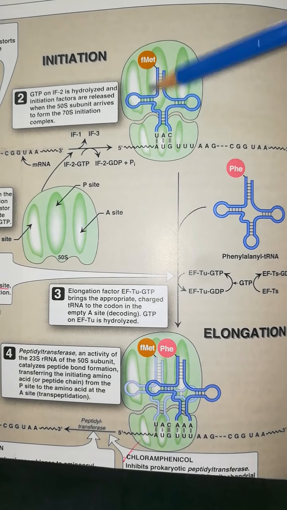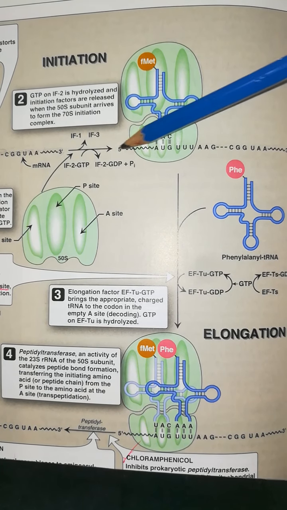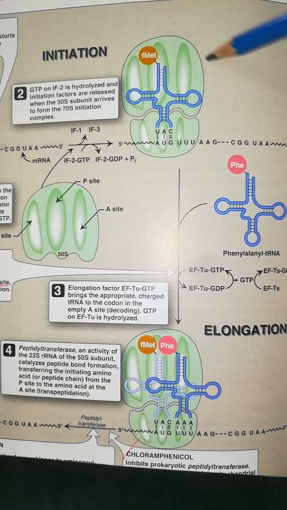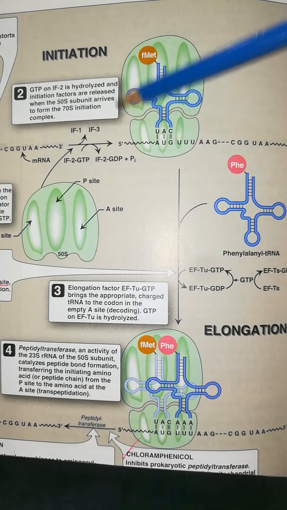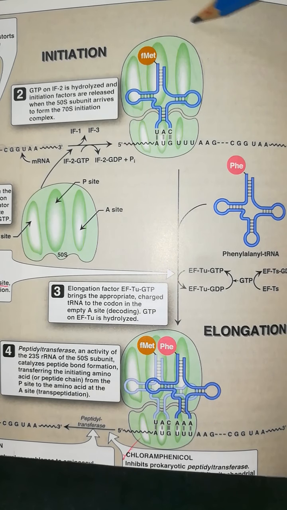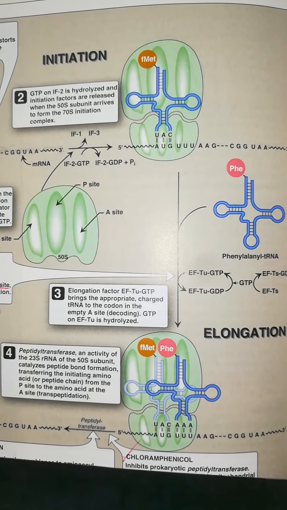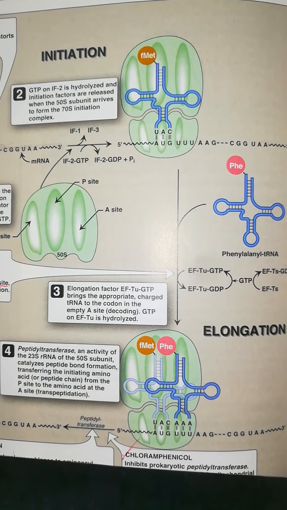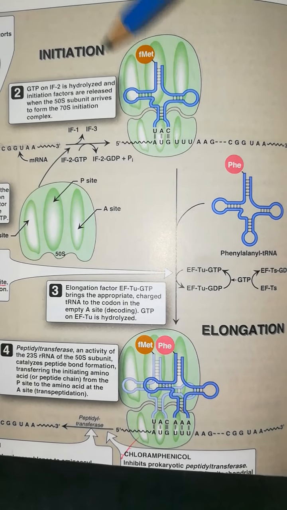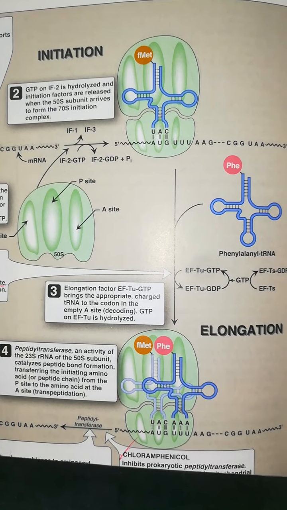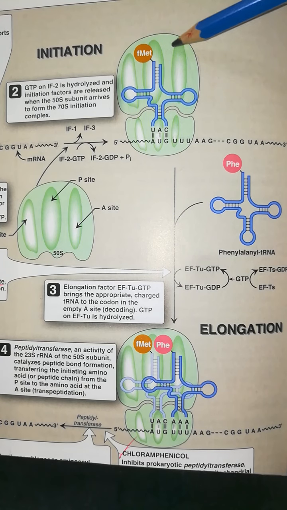So tRNA with mRNA, large ribosomal subunit, small ribosomal subunit and initiating factor ultimately form the initiation complex. So the first step was the pre-initiation complex. Now in the second step, the initiation complex is formed, and you follow the large ribosomal subunit.